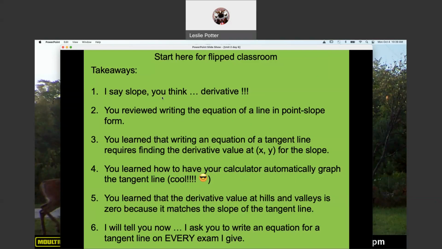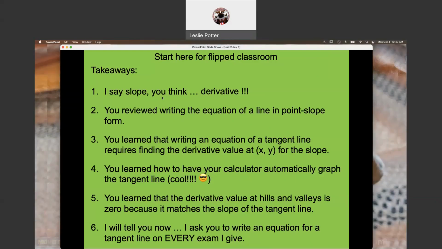Any questions? Point slope is always more convenient because you can use any point. Slope intercept, y equals mx plus b, requires the y-intercept, and we almost never give you the y-intercept. That's why it becomes less convenient as we get into calculus.